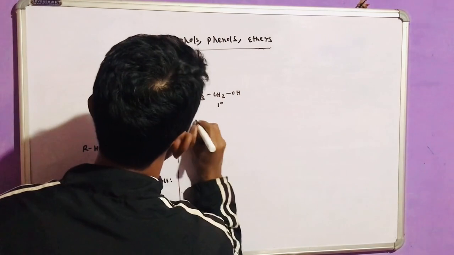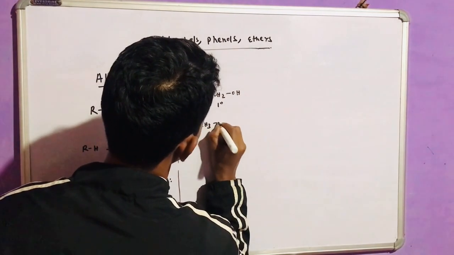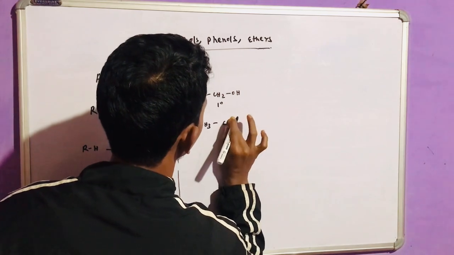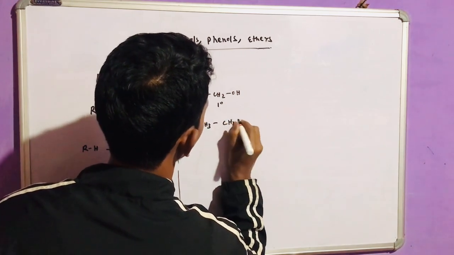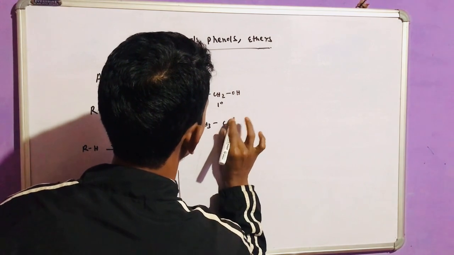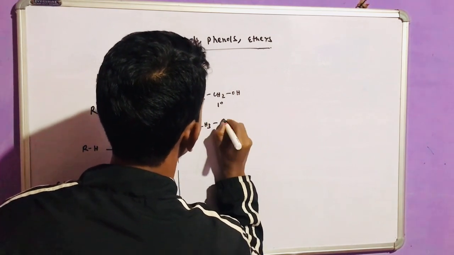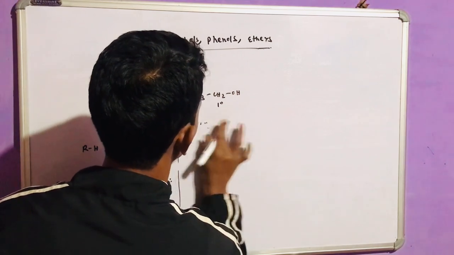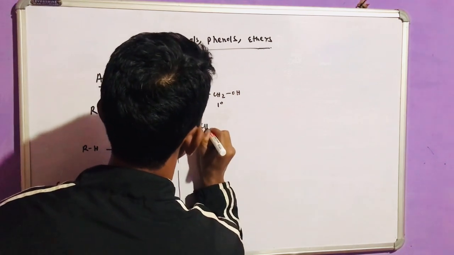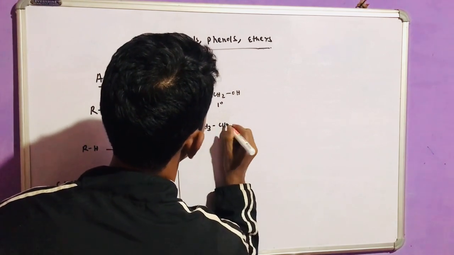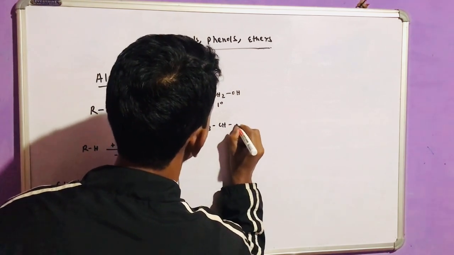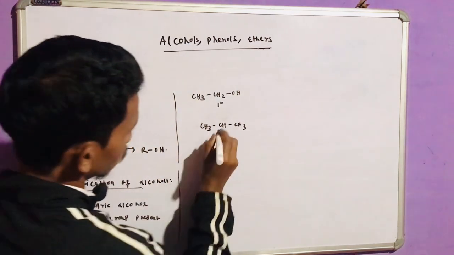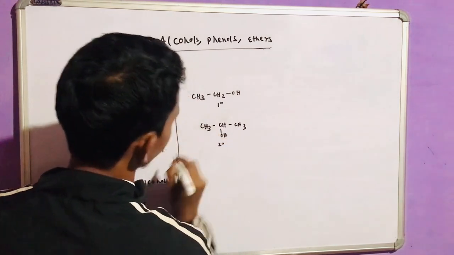And similarly if I write CH3CHCH3OH, here that is a 2 degree alcohol.